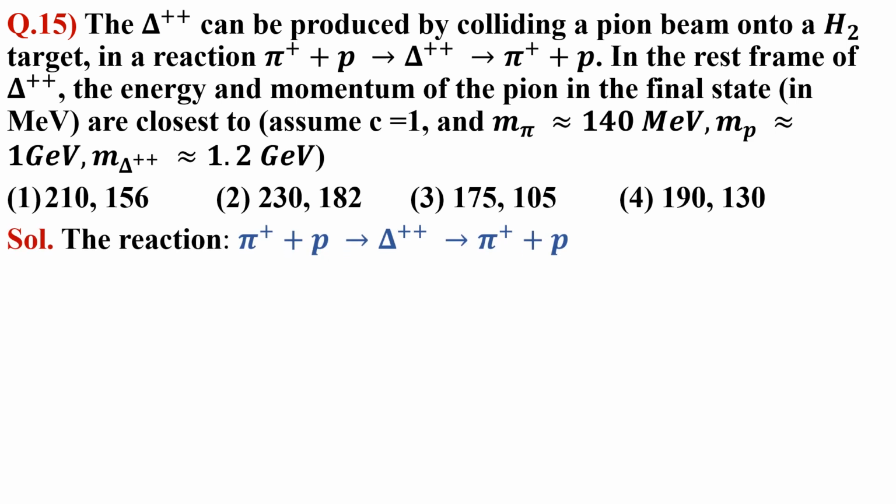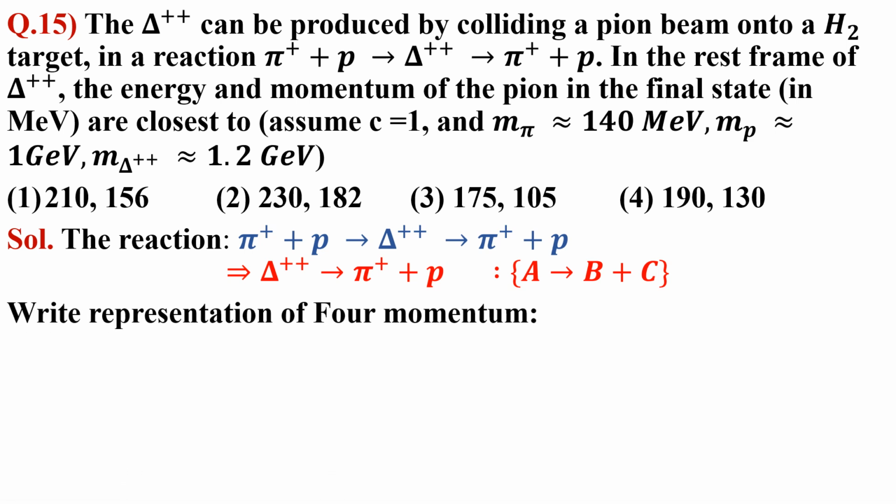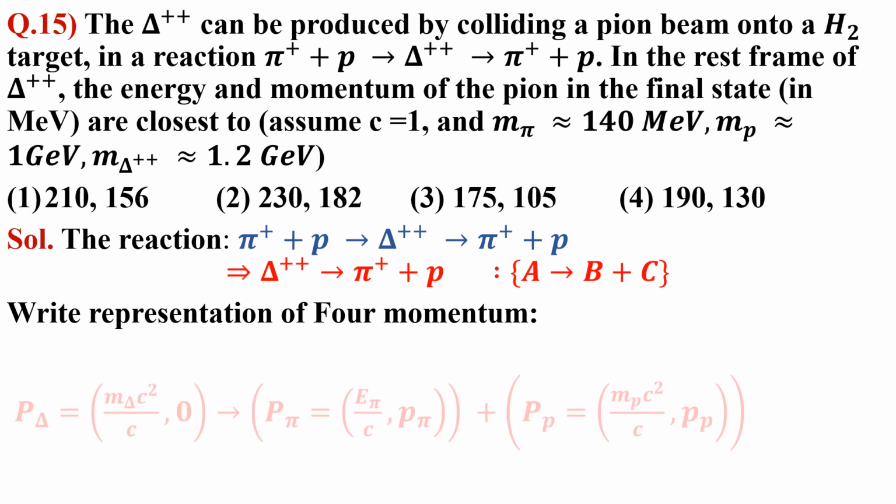The reaction can be written as positive pion plus proton tends to Delta++, which again tends to positive pion plus proton. You can rewrite the above reaction as Delta++ tends to pion plus proton, which is the same as A tends to B plus C. So write the four-momentum representation of the above reaction.